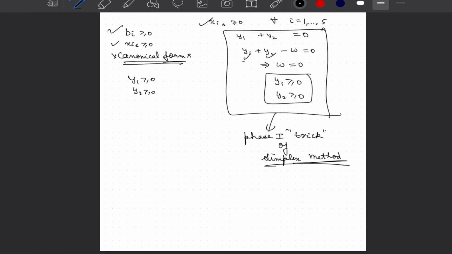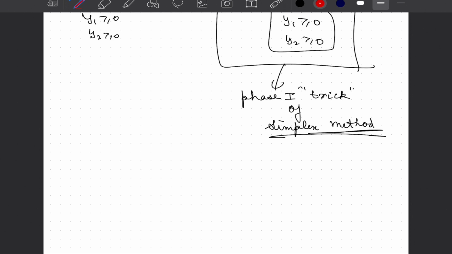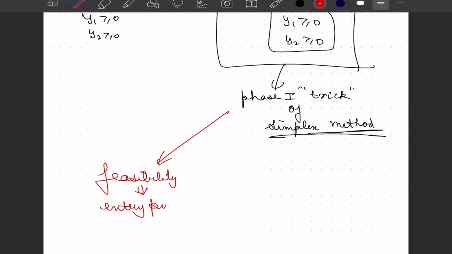So this is why it is called the two phase simplex method, whereas phase 1 deals with establishing feasibility, and it also gives us entry point in canonical form.